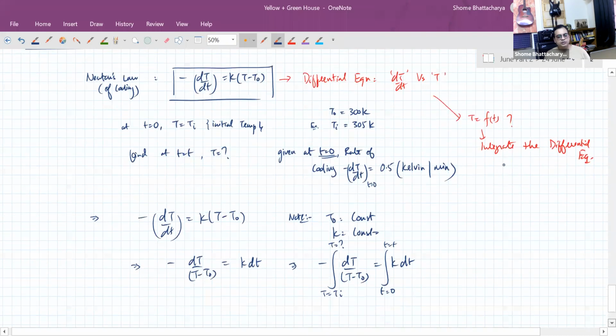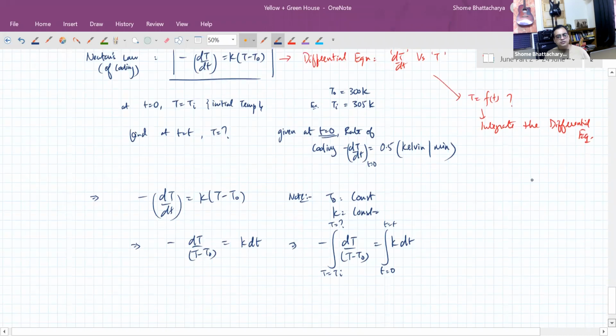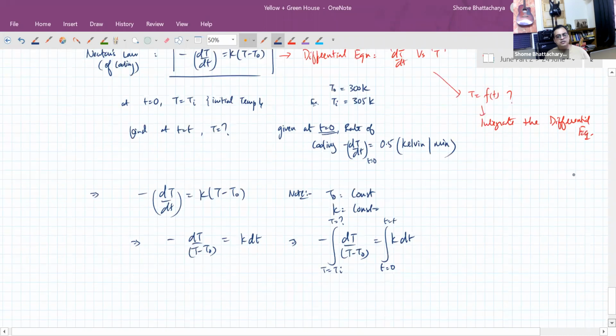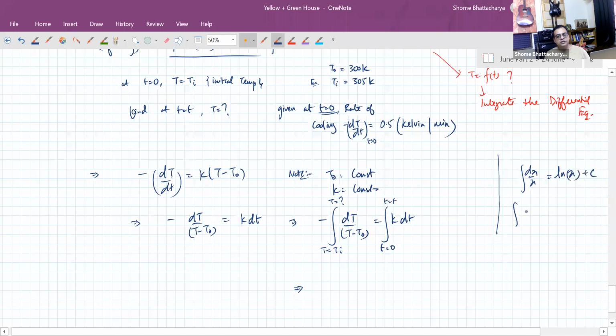We will use the integration that we know: integration of 1 by x is ln x. So integration of 1 upon a linear function, where a and b are constants, is like this. Over here, this will become minus ln of (T minus T naught), with the limits from the initial value to some value T which we want to find out.